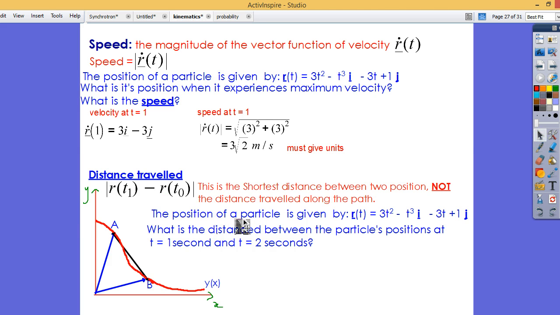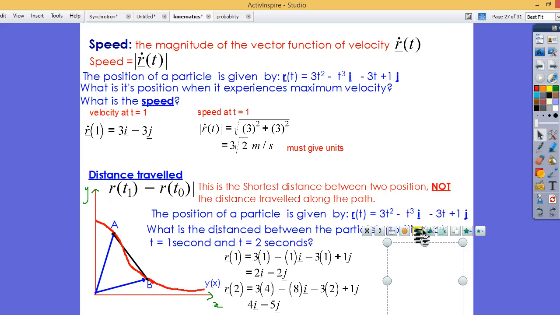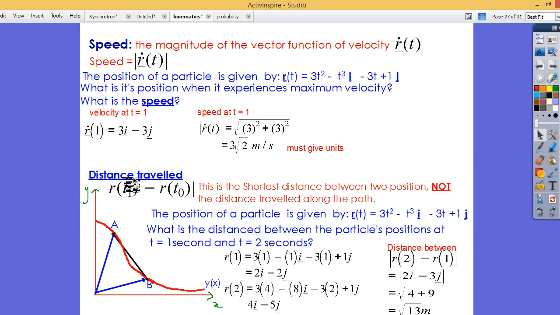So let's take our position vector. Okay, what is the distance between the particle's positions at t equals 1 second and t equals 2 seconds? So first, let's evaluate the position vector at t equals 1 second. We get that as a vector, and then do the same, evaluate t equals 2 seconds, and we get that. Once you get your two vectors, we put them into our distance traveled expression.